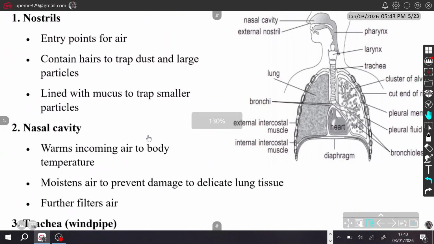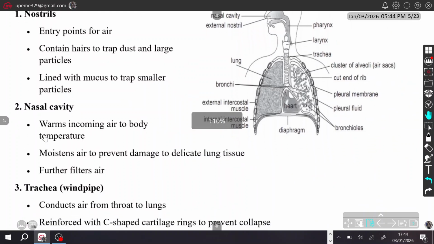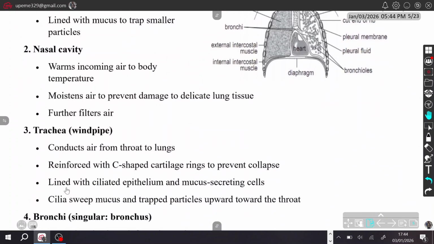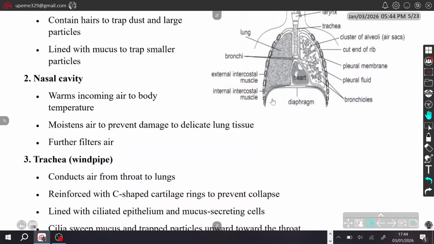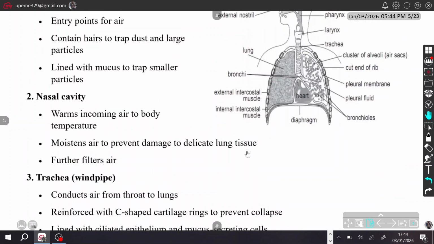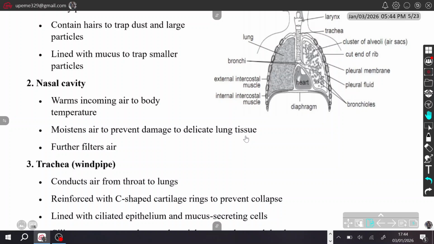So those prevent it from collapsing. Okay. So then we are saying lined with ciliated epithelium and mucus secreting cells. So it also has some ciliated epithelium cells and mucus secreting cells.